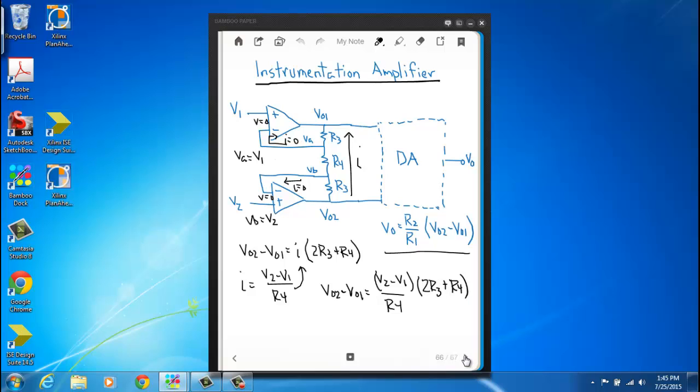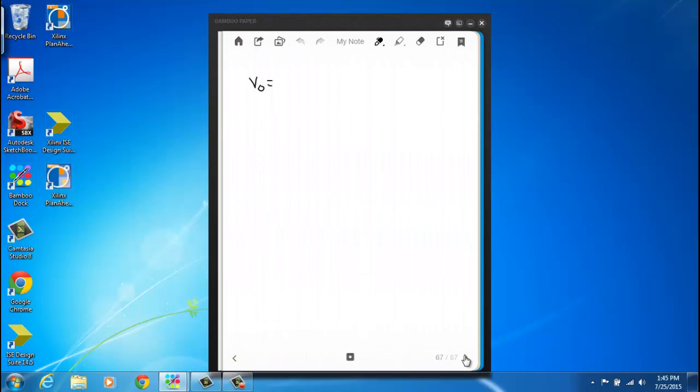Okay, so let me write that all out. That Vout we can write as R2 over R1, and then that's going to be times 1 plus 2R3 over R4, and then that's going to be times the difference of V2 minus V1.